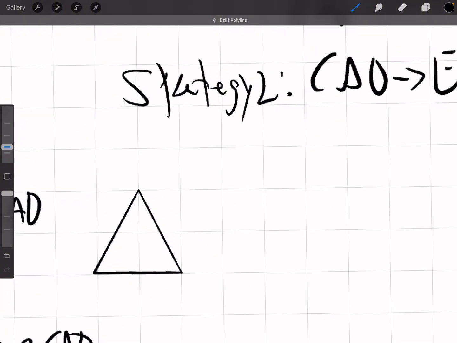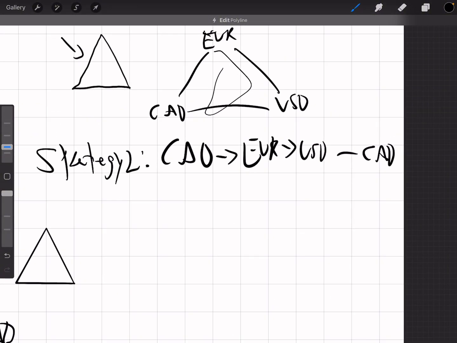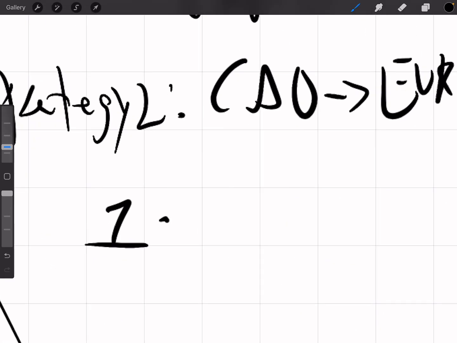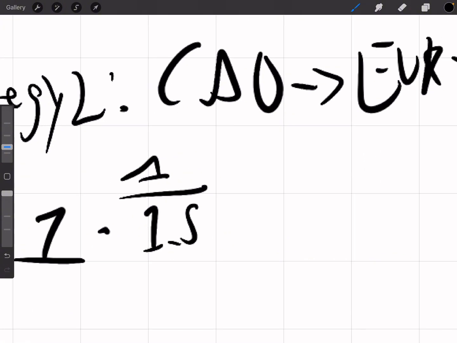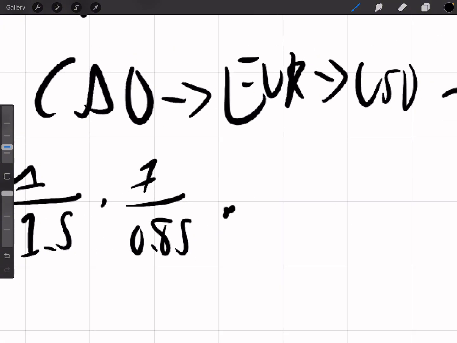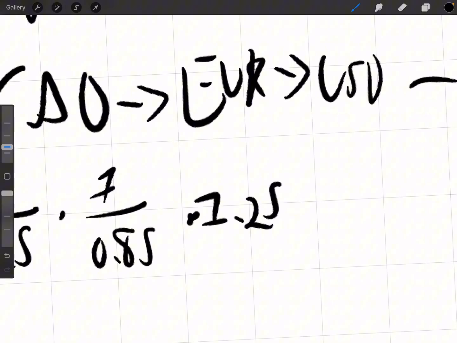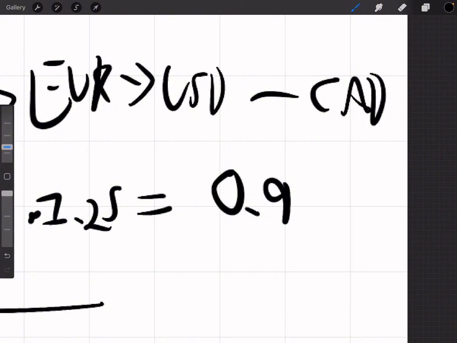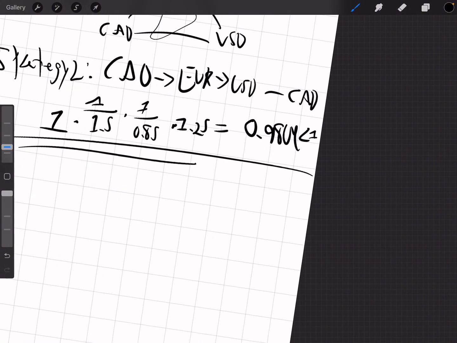Okay. So anyway, this strategy, it's the same sort of business. 1 times the exchange rates is 1 over 1.5 times 1 over 0.85 times 1.25 equals, and I'll just give you a hint, this equals 0.9804, which is less than 1 CAD. This is a bad strategy.